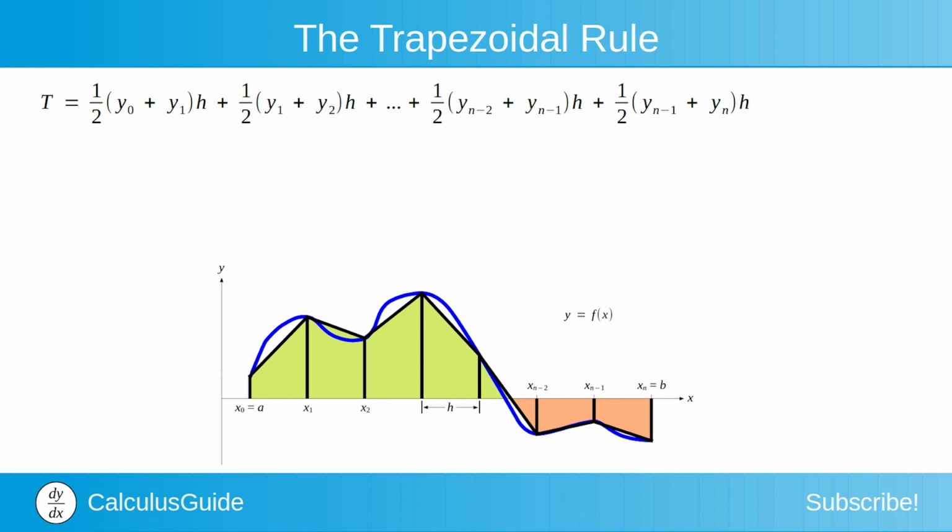T is equal to a half multiplied by left bracket y0 plus y1 right bracket multiplied by h plus a half multiplied by left bracket y1 plus y2 right bracket multiplied by h, adding terms up to a half multiplied by left bracket y(n minus 2) plus y(n minus 1) right bracket multiplied by h, and then adding a half multiplied by left bracket y(n minus 1) plus yn right bracket multiplied by h.